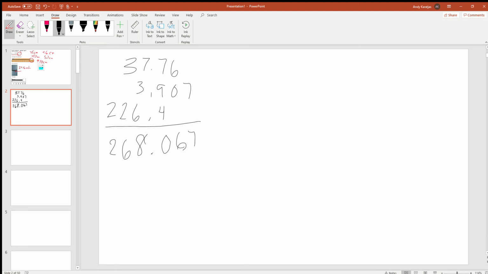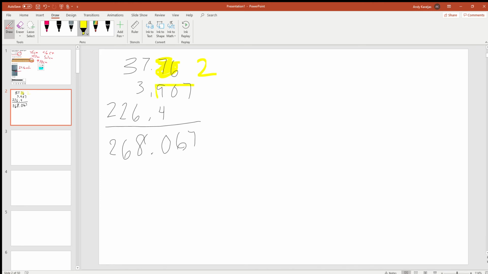268.067. But what we have to take into account when we're doing addition and subtraction are the number of decimal places. So our first number here has 2 decimal places.